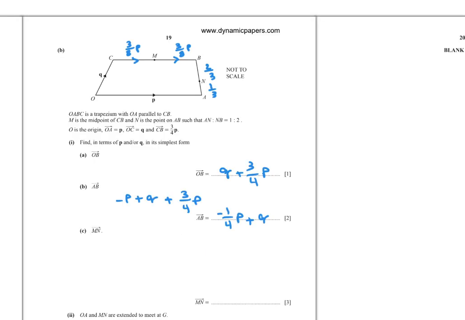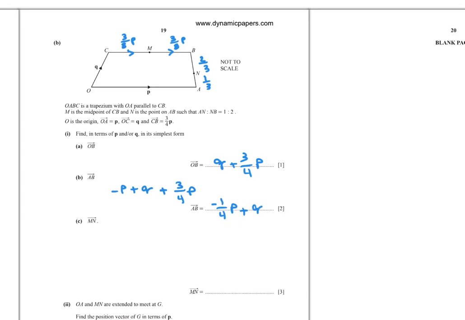Vector MN equals MB plus BN. MB equals 3 over 8 B. BN is 2/3 BA. And we have AB, we can change the sign. So vector MN equals MB plus BN.